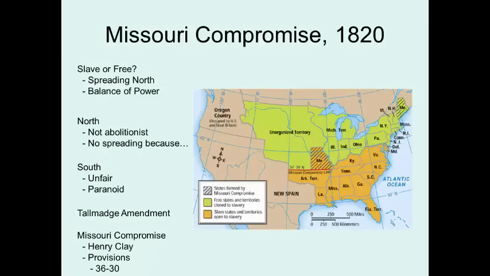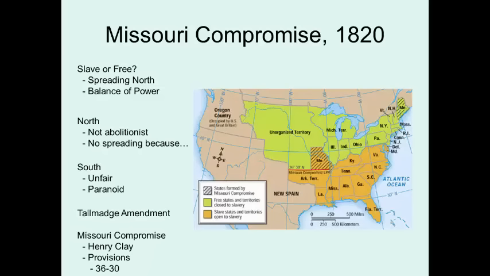So if Missouri comes into the Union as a slave state, it means that slavery is going to be crinching its way north. And it would be further north than it had been any other time since the American Revolution. So this is one problem.